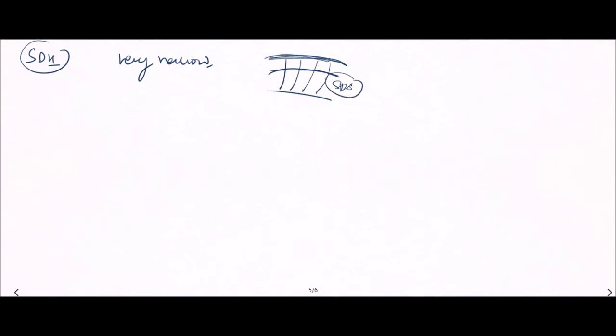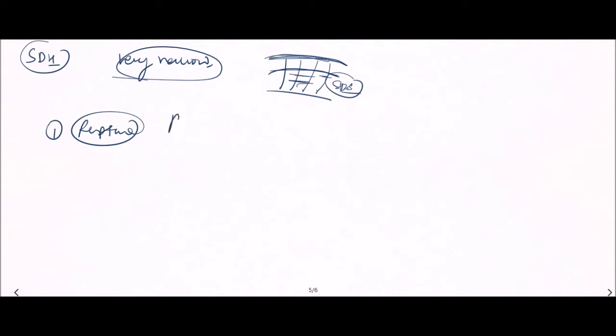Subdural hemorrhage has various causes. The first and most common cause is rupture of these veins, the parasagittal bridging or communicating veins, so that blood collects in the subdural space.